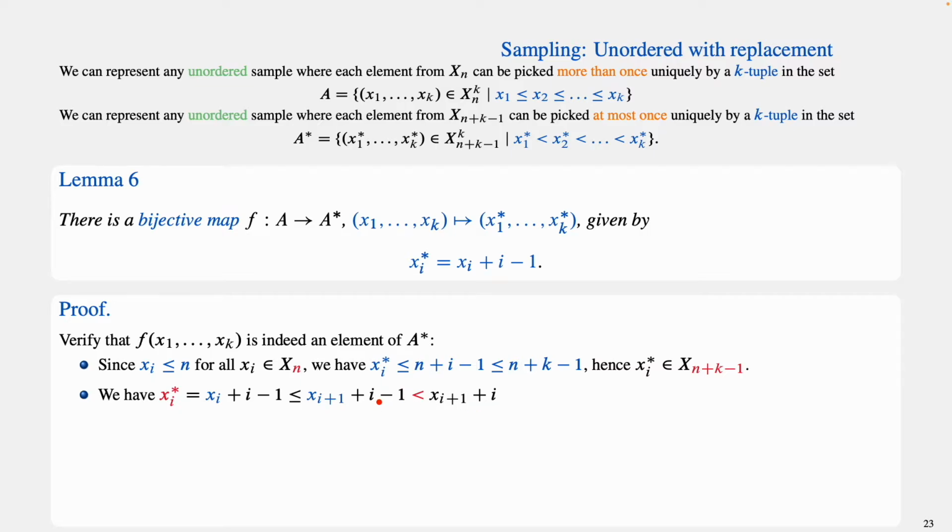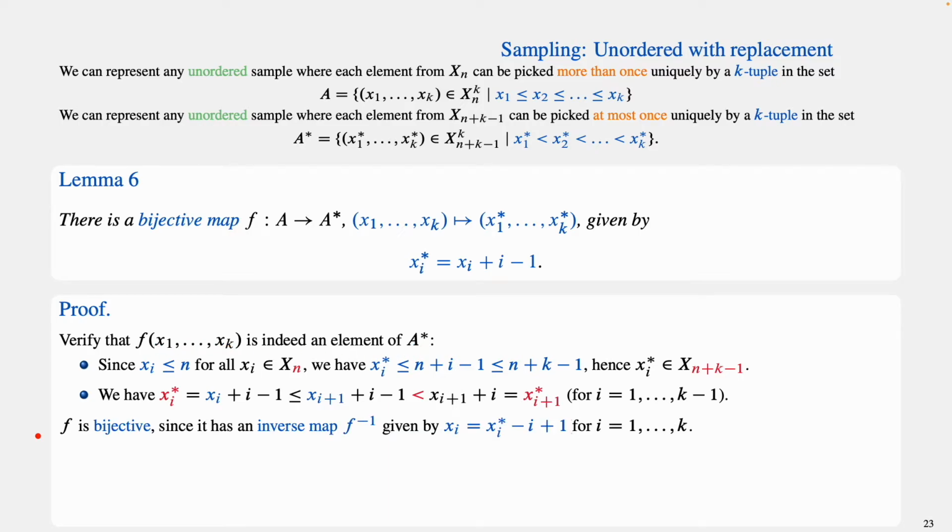Okay, so I just drop the minus 1 here, and then this is strictly larger than that. But this is by definition nothing else but xi plus 1 star. So indeed, I've seen that xi star is strictly less than xi plus 1 star for all indices ranging from 1 to k minus 1. So we have proved now that f of x1 to xk is indeed an element of A star.